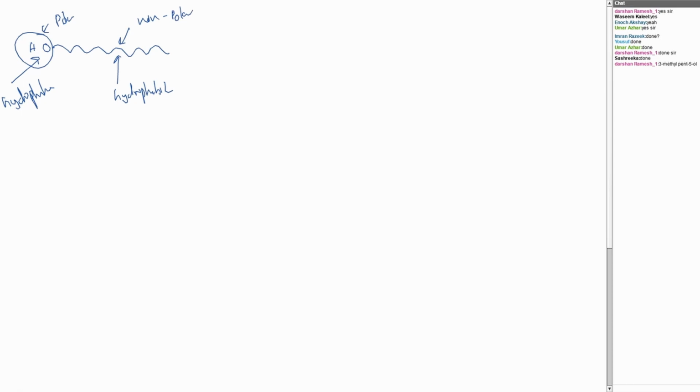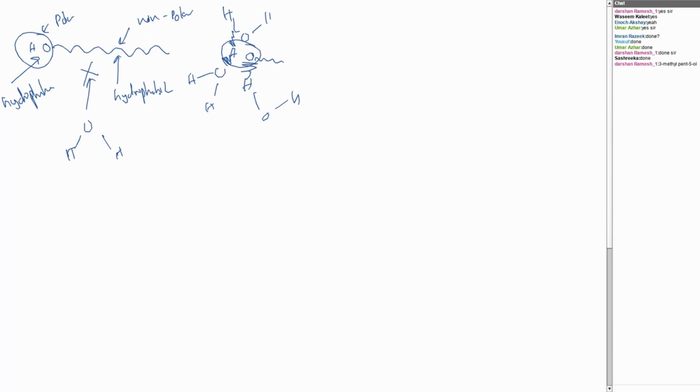So when the hydrophobic part becomes greater in size, water molecules will not be able to come close to this molecule because it repels the water. Such alcohols are immiscible with water. But the shorter members of the homologous series can easily form hydrogen bonds with water. That's why methanol, ethanol, propanol, all these lower members, are soluble in water because they can easily form hydrogen bonds with water molecules.